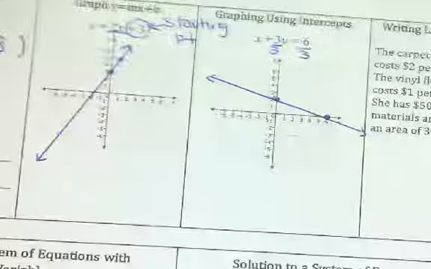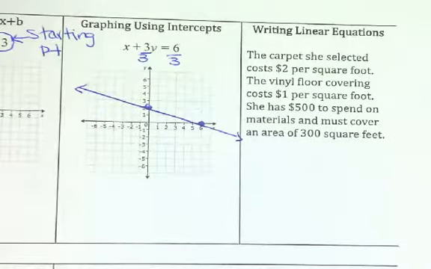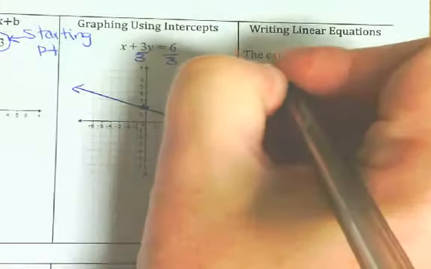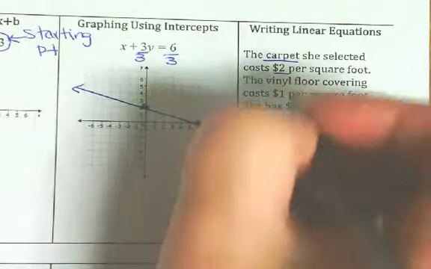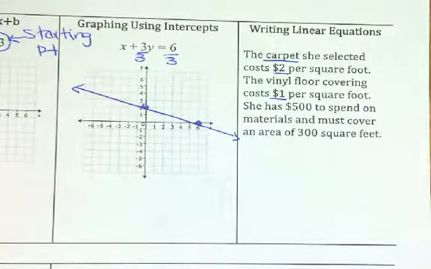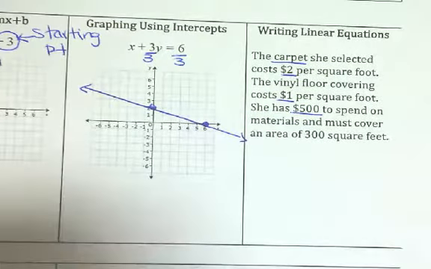All right, the next one is writing your linear equations, so a system. So this one says the carpet she selected costs $2 per square foot. So carpet is $2. The vinyl floor covering costs $1, and she has $500 to spend. So there's all your money.